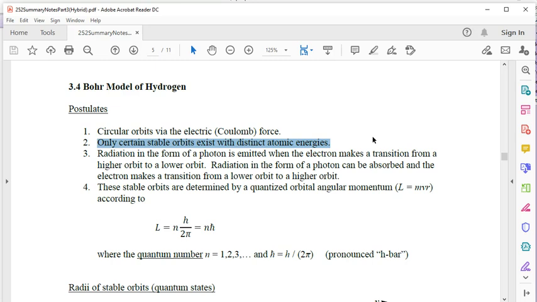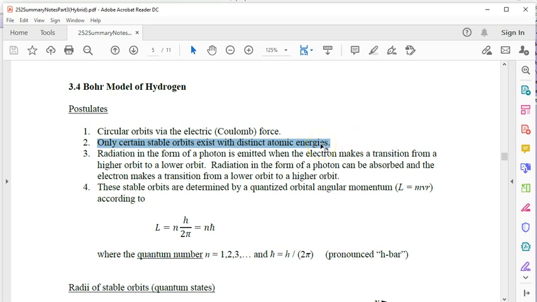Okay, and the atom, or you can think of this as the electron, because we're going to assume that the nucleus is just sitting there, the electron has certain kinetic energies and potential energies in these stable orbits. So the atom has certain energies in these stable orbits.